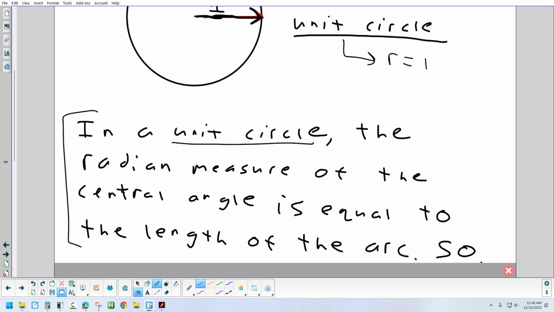We're just trying to figure out how many radians in 1 revolution, and we're trying to do it the easiest way possible. So I'm giving you a circle that's easy to work with, a unit circle. And the fact is, if you draw something on a unit circle, then the measure of the angle that you draw will always equal the length of the arc.